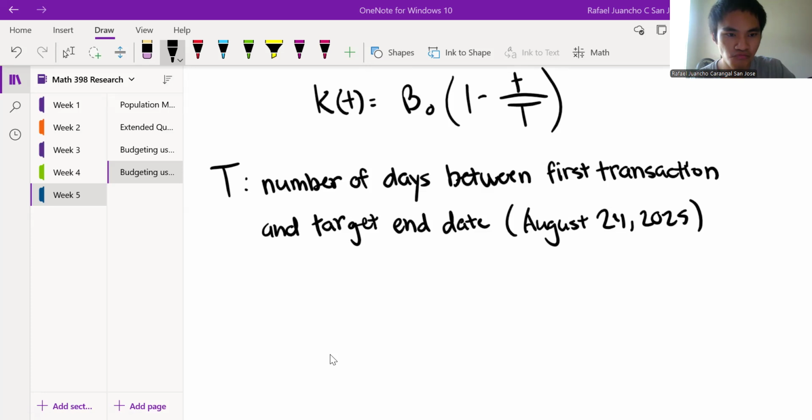I have spring here. Oh, that's autumn. Last day of classes is... oh, it's until August 22. Ah, that's fine. It's just an estimate. We'll say August 24 just to make it super sure.